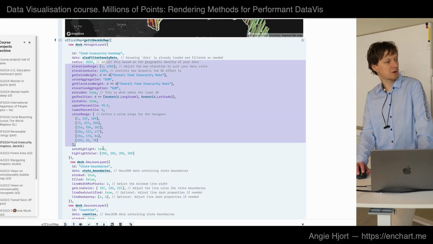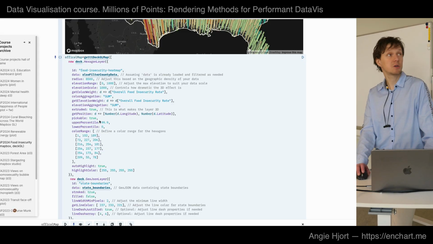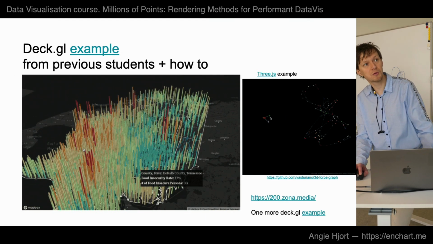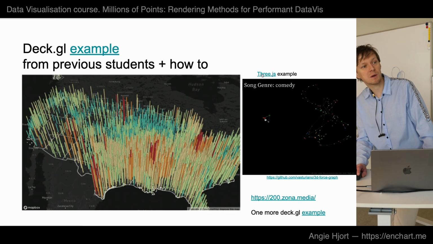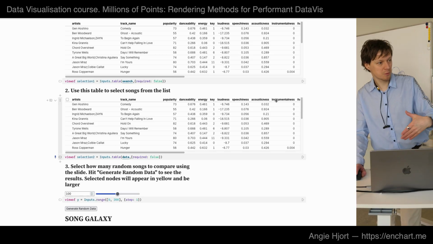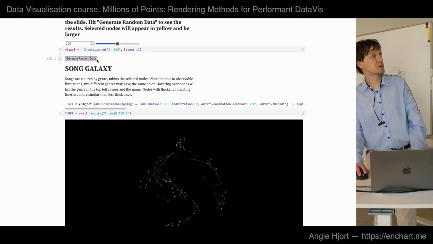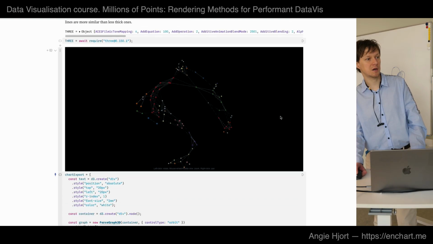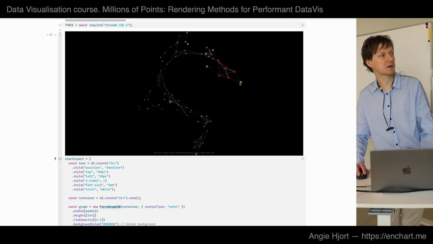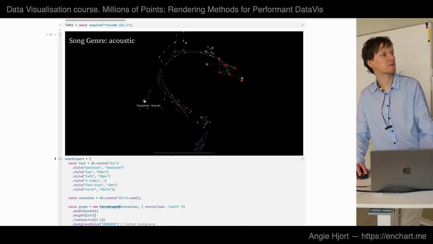And that's the code that was needed to produce this output above here. So you can use that from the slides as a tutorial on how to use that. Here's a three.js example, also made by another group of my students, also in the design class. Here is the project Music Galaxy, and it's showing you the graph of different songs that are connected between different genres, from data from Spotify.